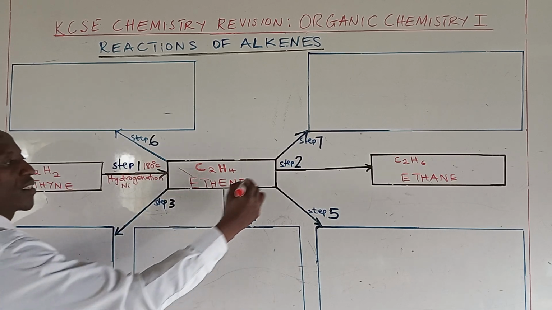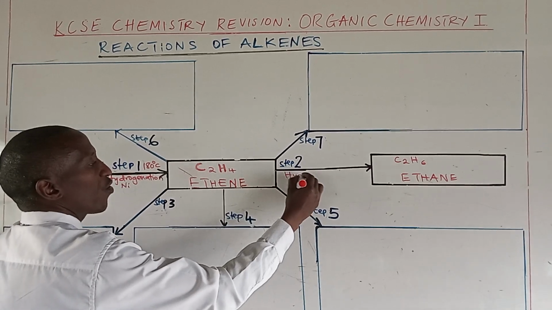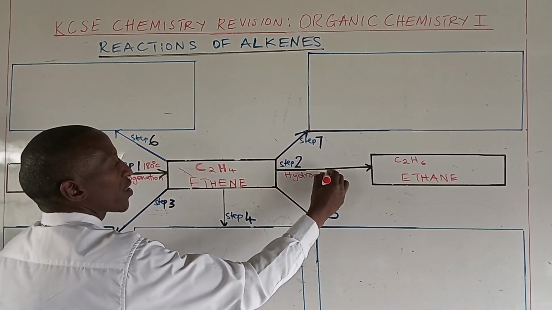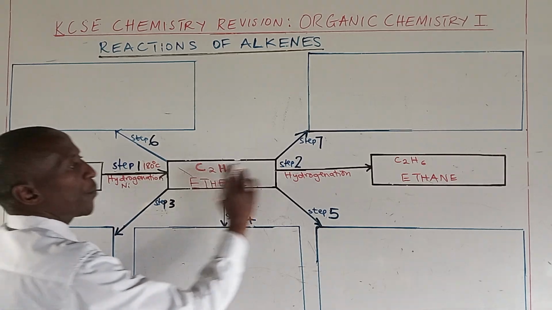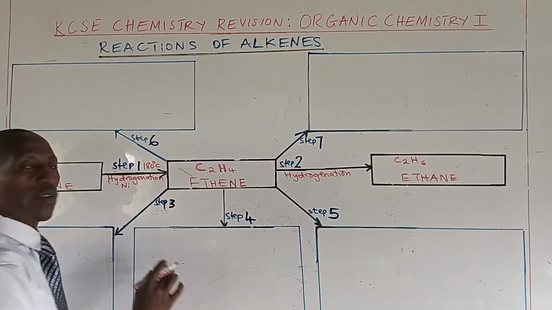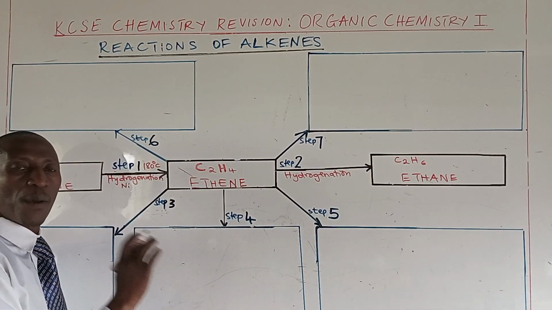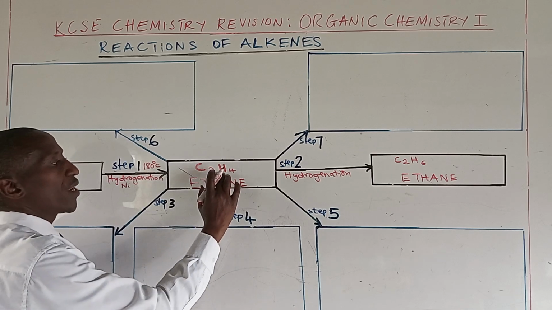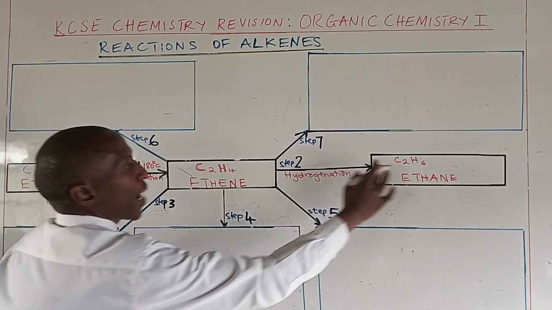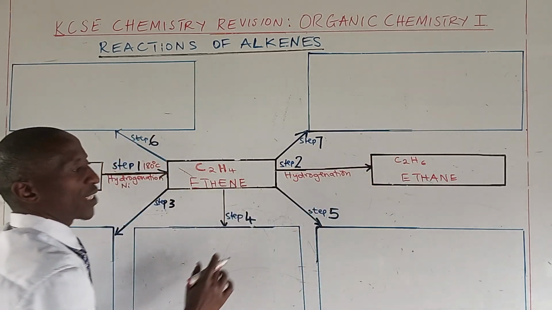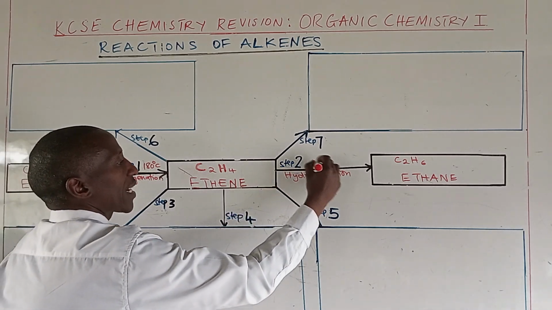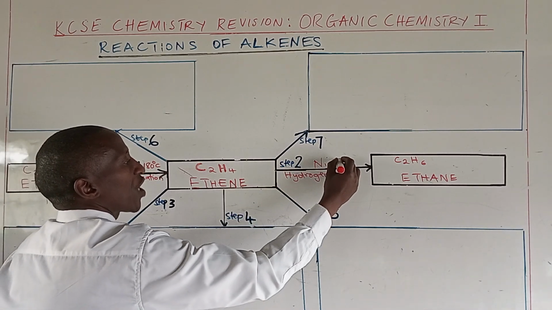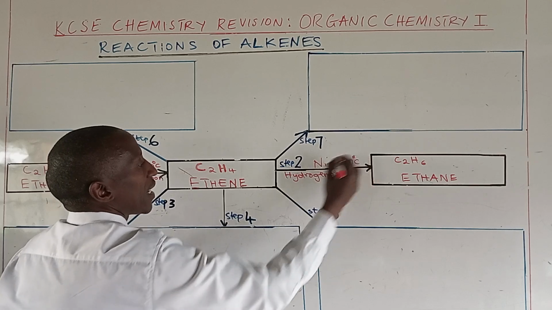When we get to the next step, the same process, the addition of hydrogen through hydrogenation, you find that the 2 carbons are maintained, so that is the family of the eth. Then we have 4 hydrogens become 6. Hydrogen was added, and that means we needed the catalyst nickel and a temperature of about 100 degrees centigrade.